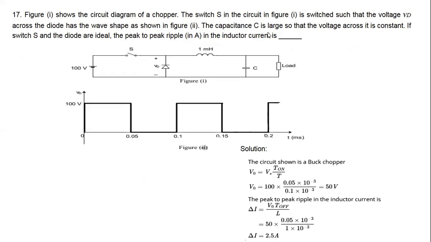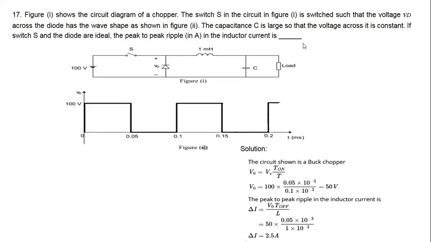The capacitance C is large so that the voltage across it is constant. If the switch and the diode are ideal, the peak-to-peak ripple in ampere in the inductor current is dash. So we need to find out the peak-to-peak ripple current of the inductor.